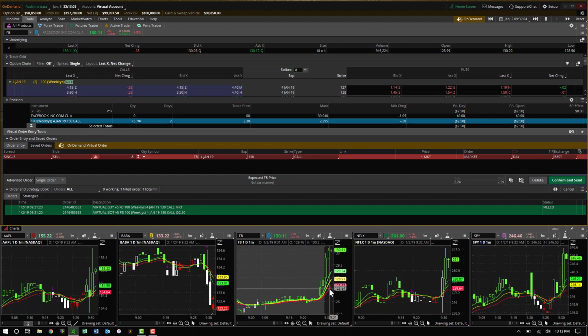is I have these 3 moving averages right here. These are all exponential moving averages. The green is the 8, the yellow is 13, and the red is 21.